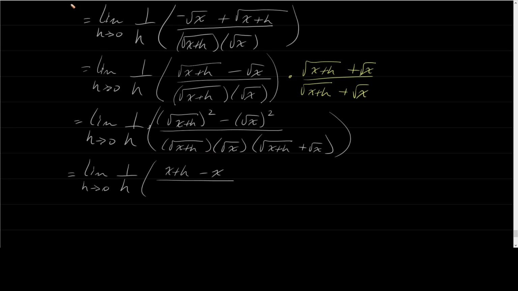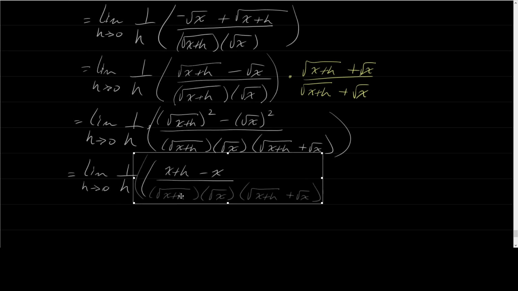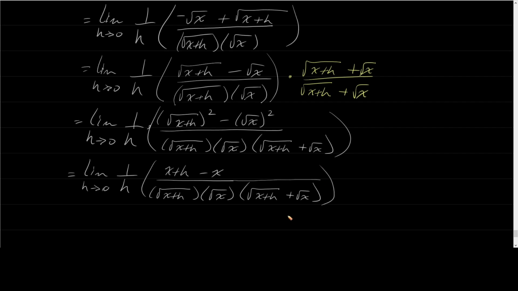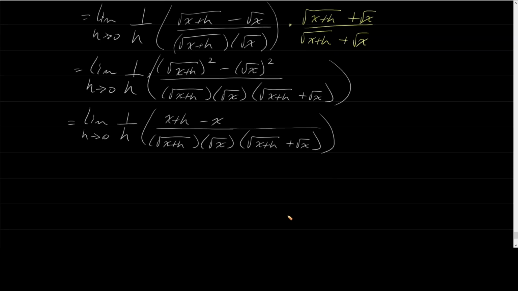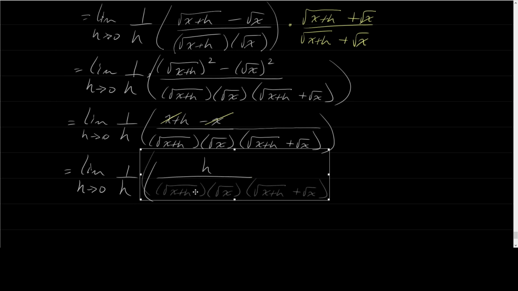On the denominator, I don't feel like writing it again, so I will copy and paste it into here. All right. So that's what we end up with at that point, and then we have an x minus x in that numerator. So the x minus x cancels out. So what I get now is the limit as h goes to 0 of 1 over h times h over that entire thing again. So I'll just paste it again.